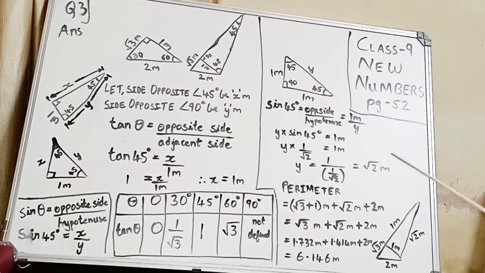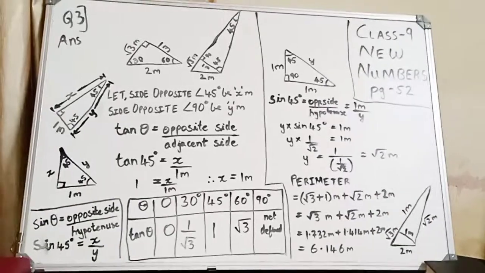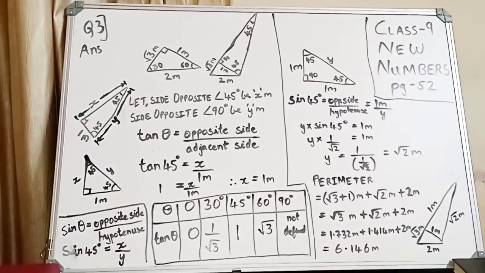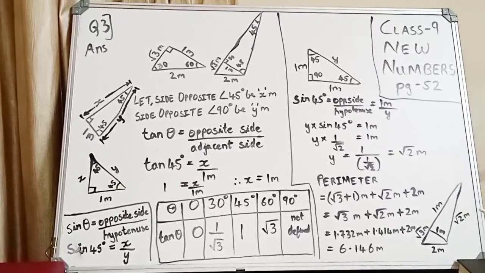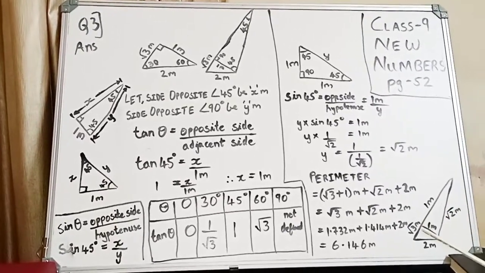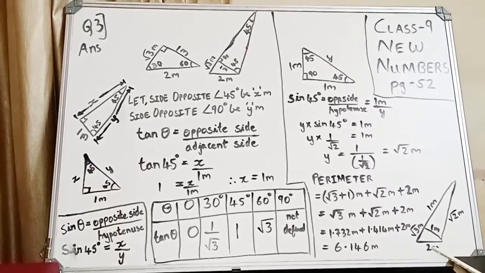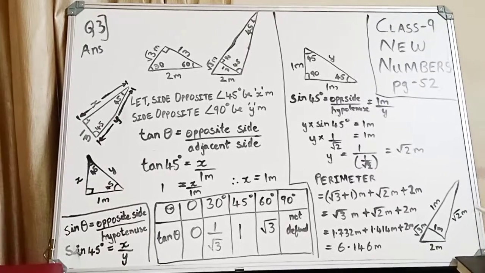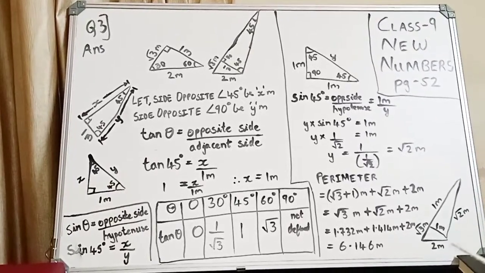So you have got all the sides now. Now you need to find out the final answer, what is the perimeter. This you have got 1 meter, this is root 3 meter, this is 2 meter, and this is root 2 meter.